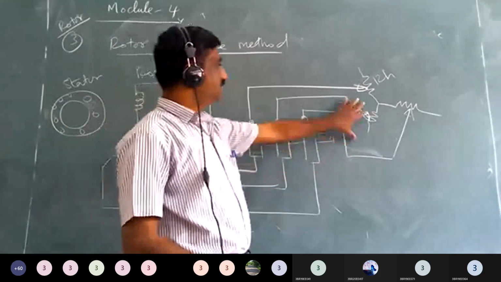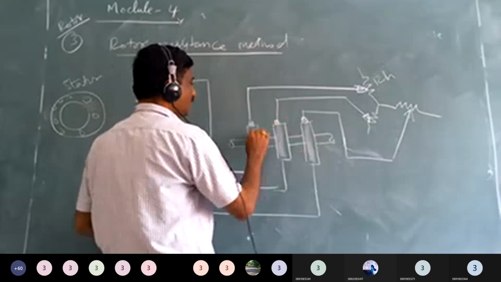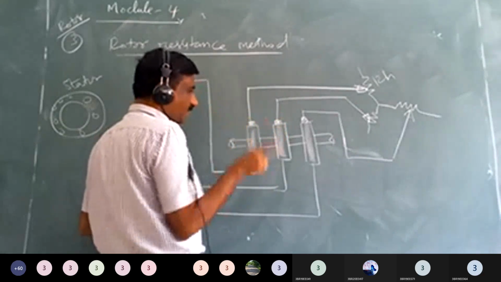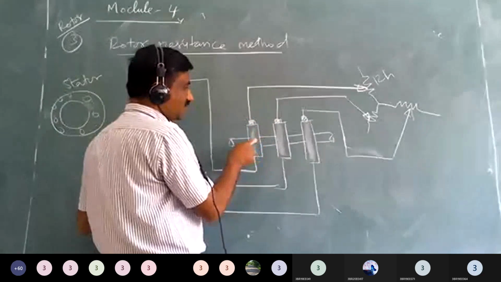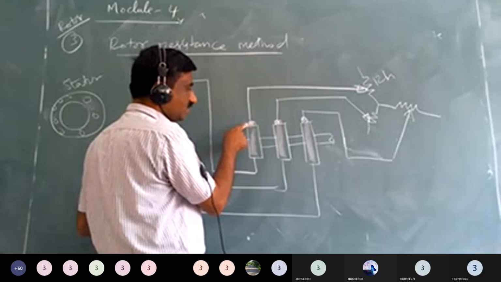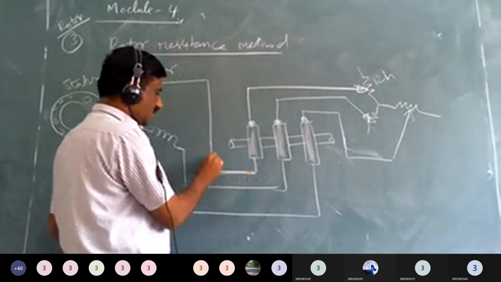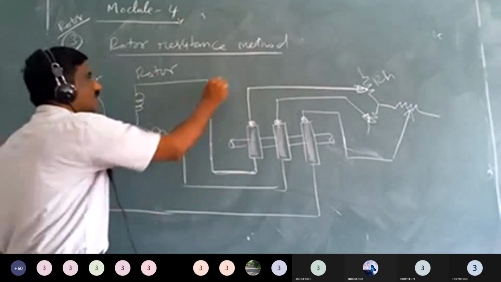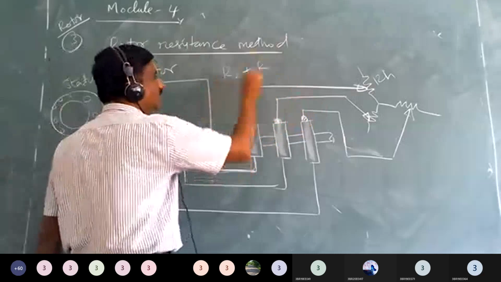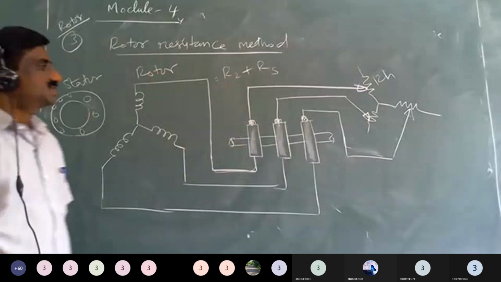Here we are adding extra resistance in series with the rotor with the help of slip rings as well as brushes. Brushes are not rotating, they are fixed, because in order to have a connection, this is the rotating part, it is a stationary part. Brushes are making mechanical contact. So current enters here like this and is connected to the rotor resistance. R2 is already there, the rotor resistance. We are adding an extra resistor in series with the rotor, the starting resistor. Now total resistance increases, which helps to increase the starting torque also.